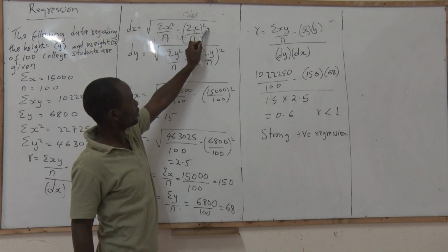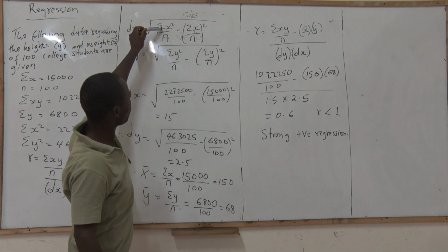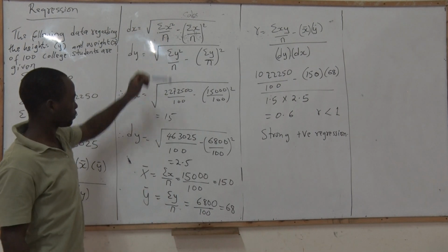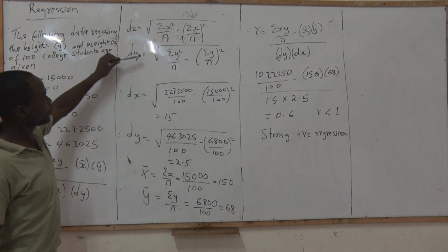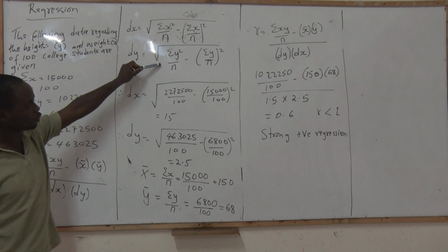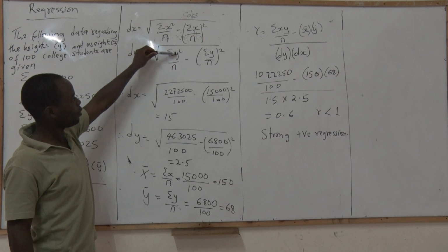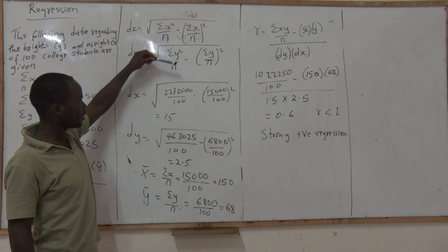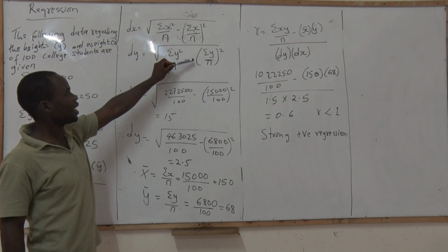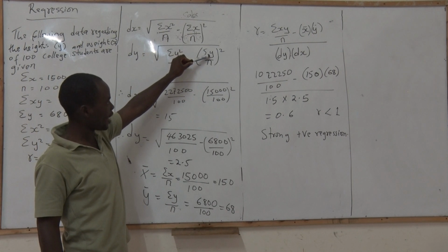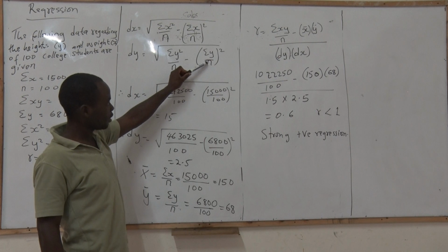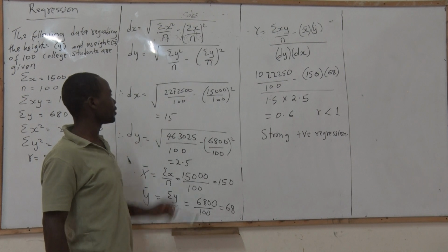Remember, the square is outside the bracket. And to calculate dy, we take the square root of the sum of y squared divided by n minus the sum of y divided by n, then we square that result.